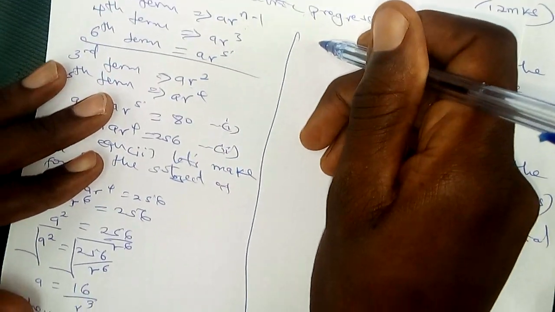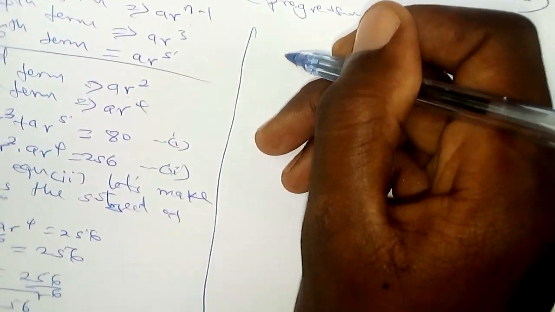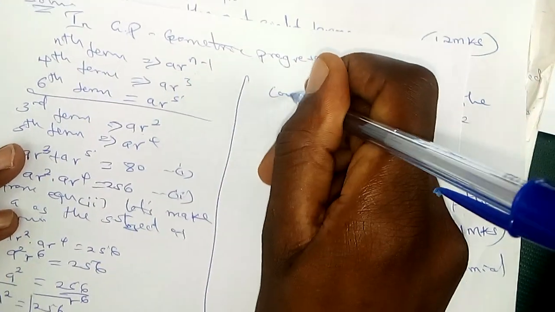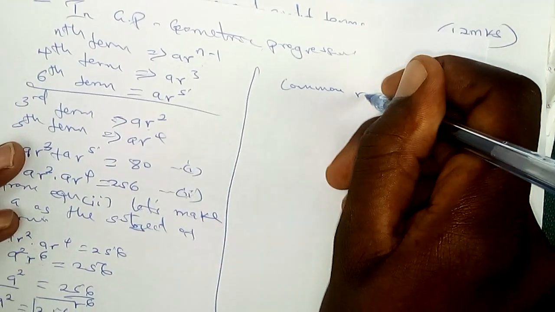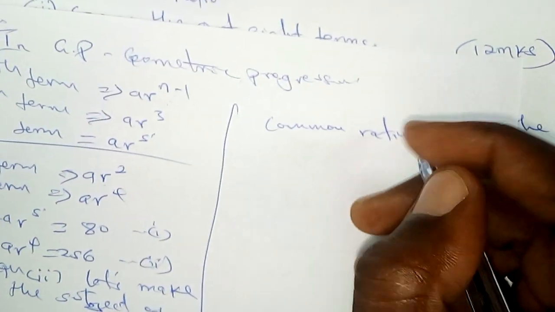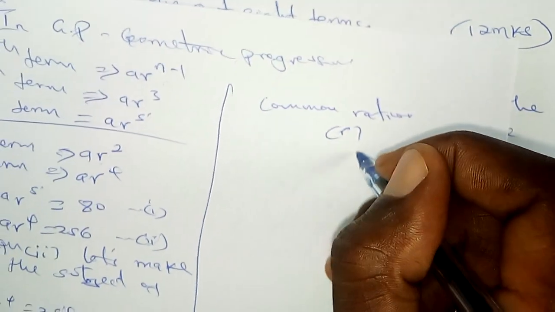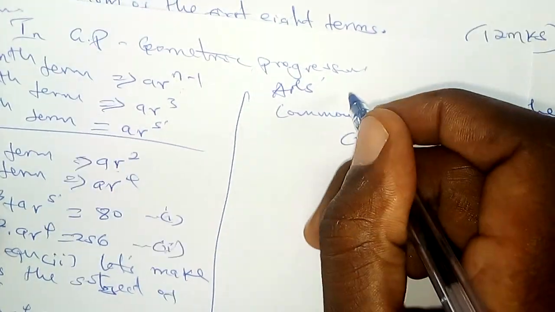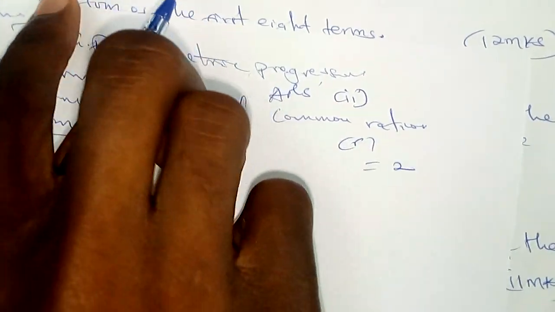Now if R is 2, we say the common ratio R is 2. This is the answer for part 2, Roman 2 of the question.